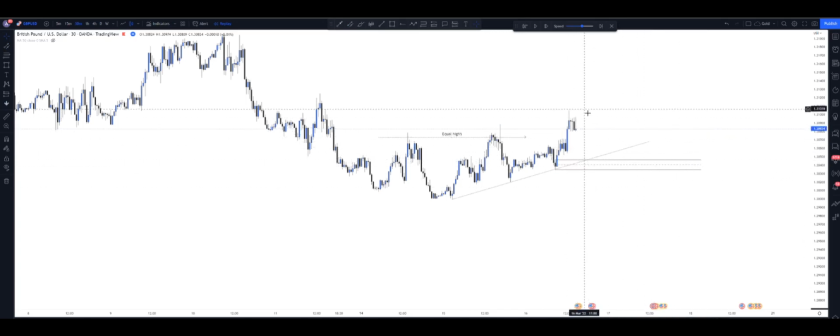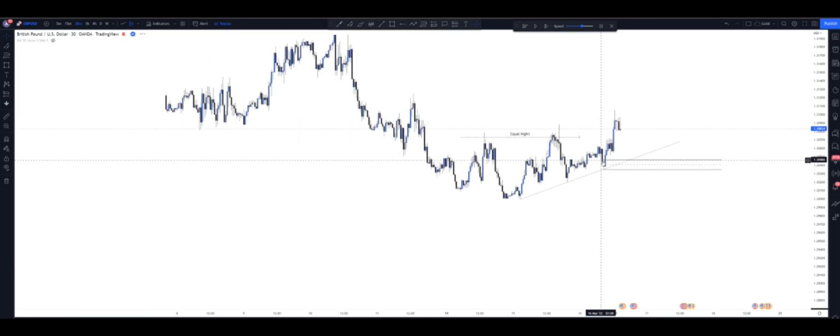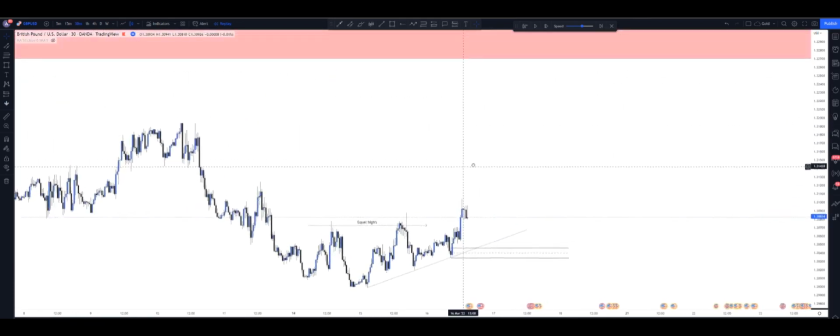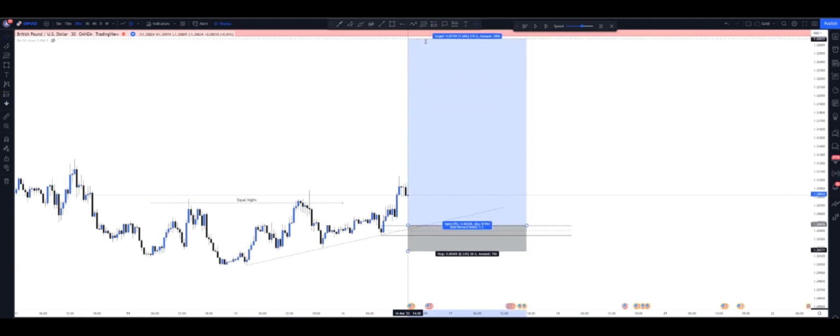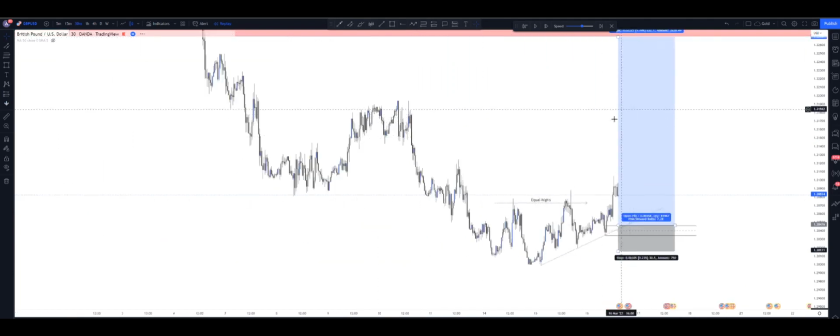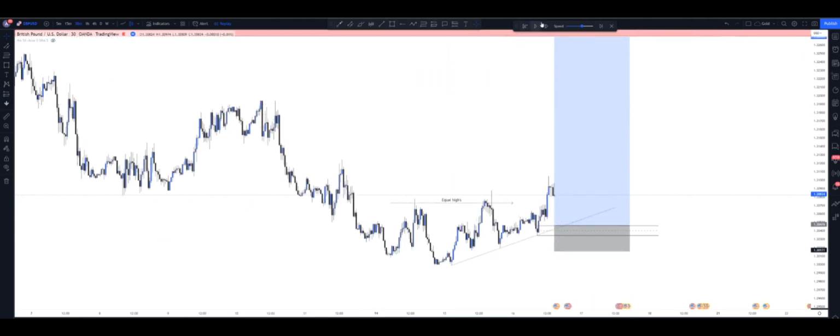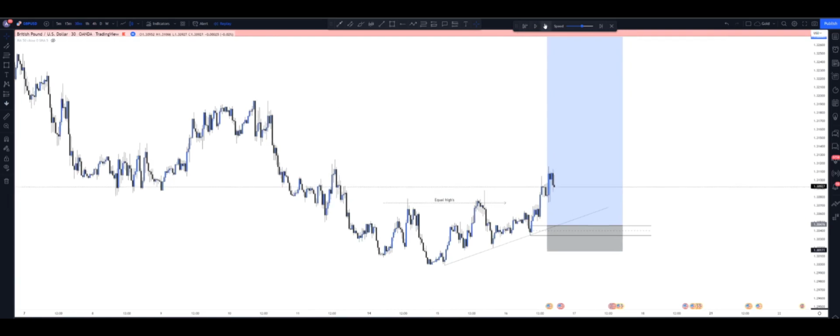Now look at both confluences we're using: the trend line and the indecision candlestick. So perfect, now we know what we're looking at. So let's place our buy trade right here. This level, stop loss, target. Now that's the confluence. So let's just see how it turns out.